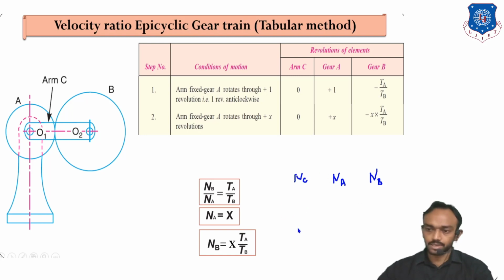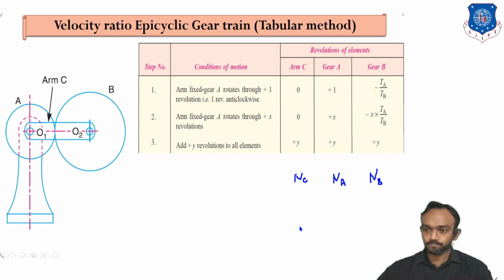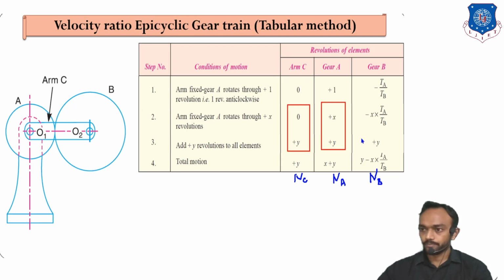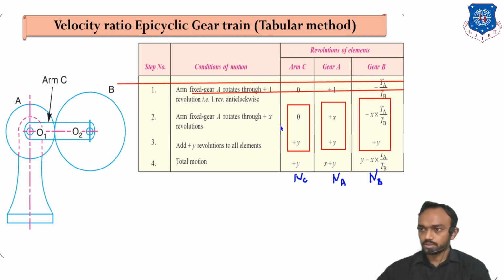Okay, after that you have added plus y to all. Then in total you have to sum these two data. Not the first, ignore the first. So sum of column, rows 2 and 3.